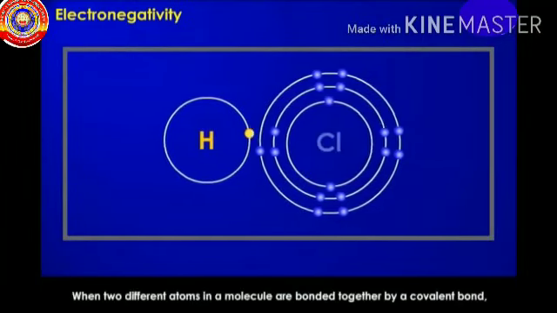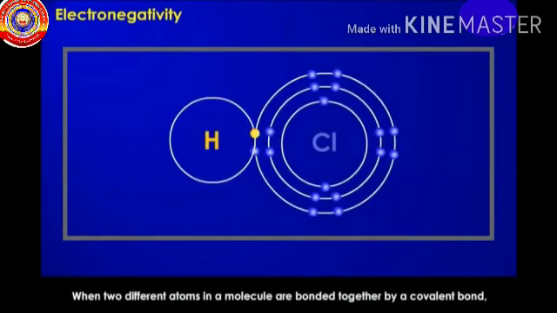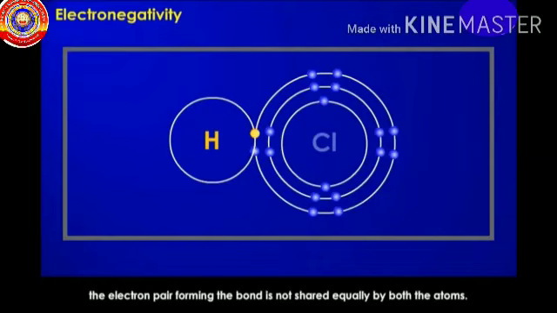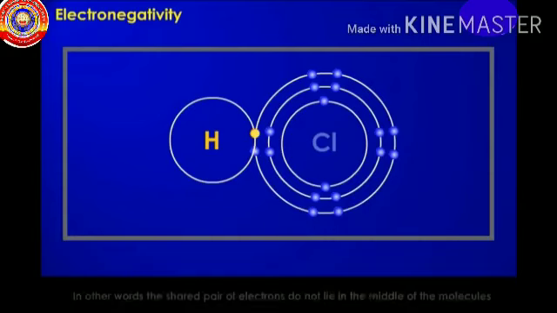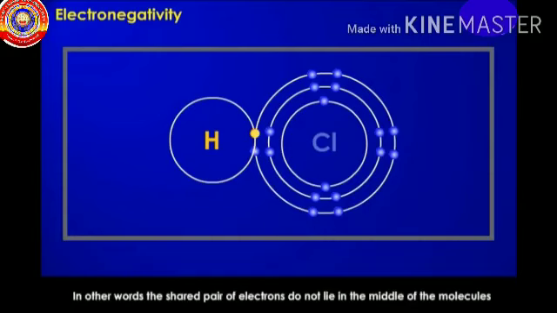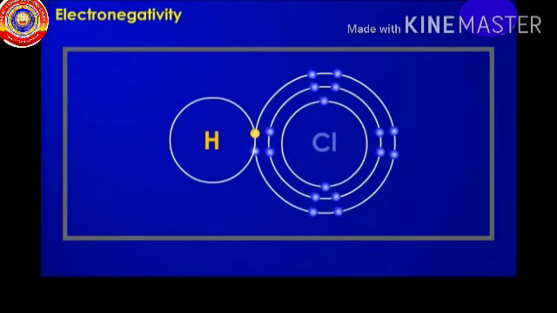The electron pairs shared in a covalent bond are attracted by both the combining atoms. In a covalent bond, the relative ability of each atom to attract the bonded pair of electrons towards itself is called electronegativity.